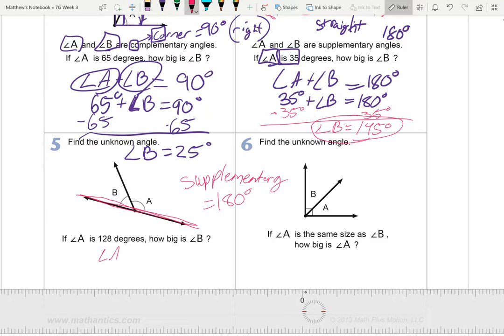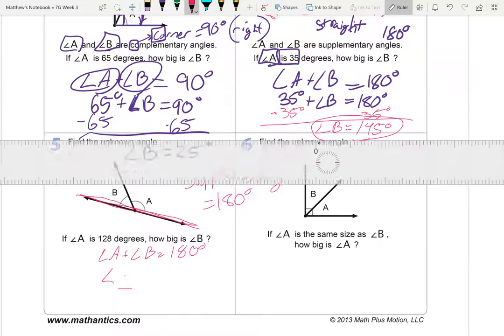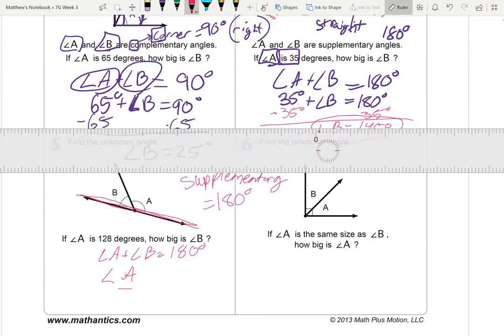So if angle A plus angle B equals 180, and angle A is 128 degrees, then I can just plug in 128 for angle A in this equation. So right below angle A, I'm going to put 128 plus angle B equals 180.